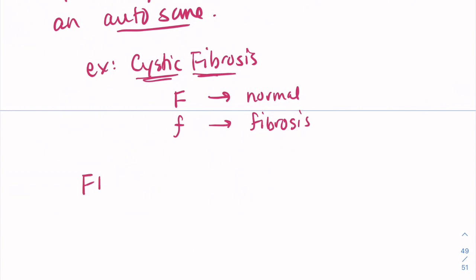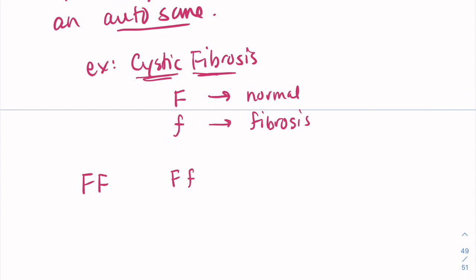There is homozygous dominant, there is heterozygous, and there is homozygous recessive. Which one of these genotypes results in fibrosis? This one here.